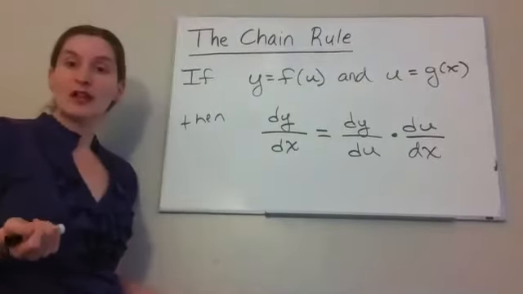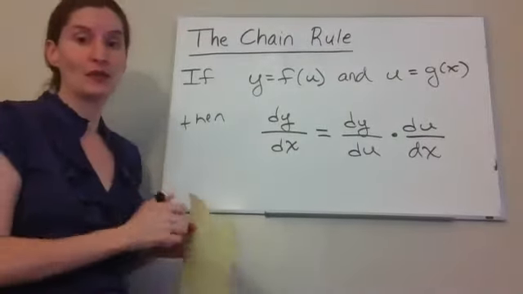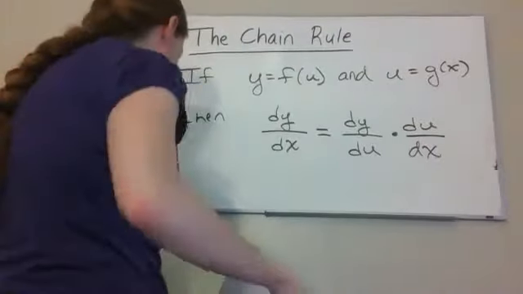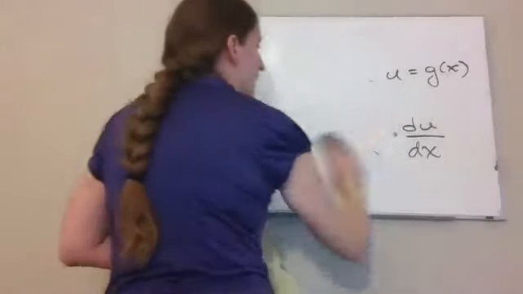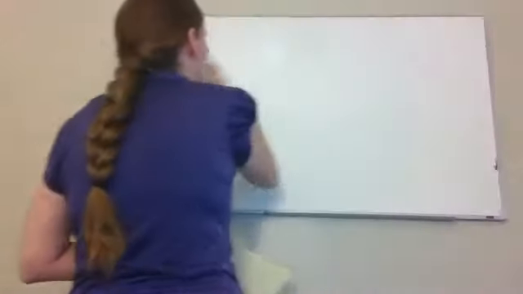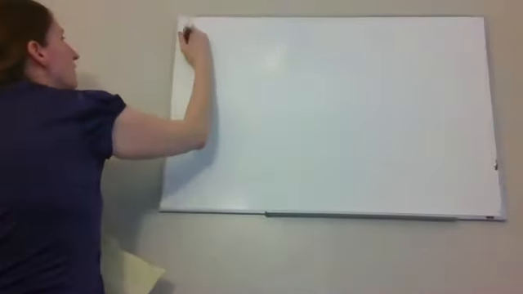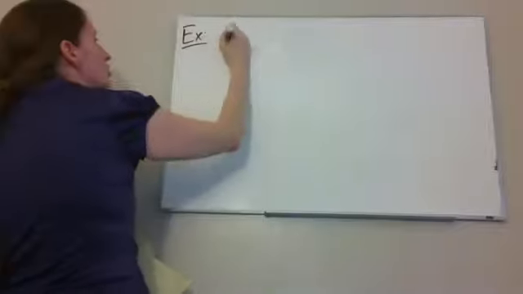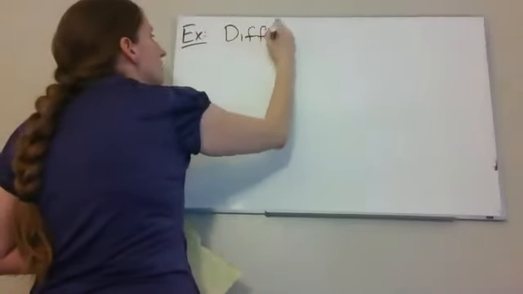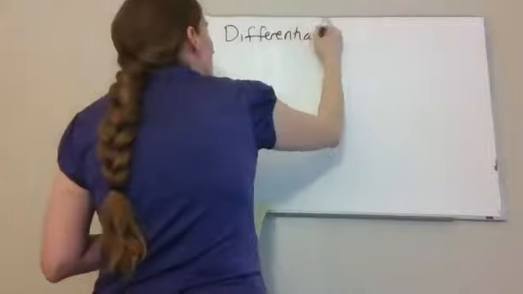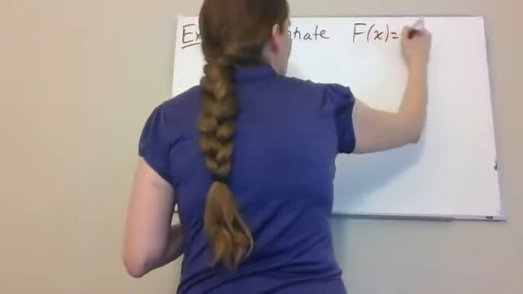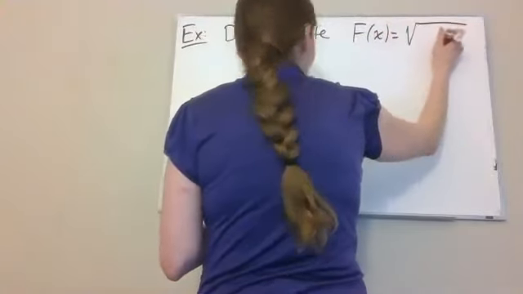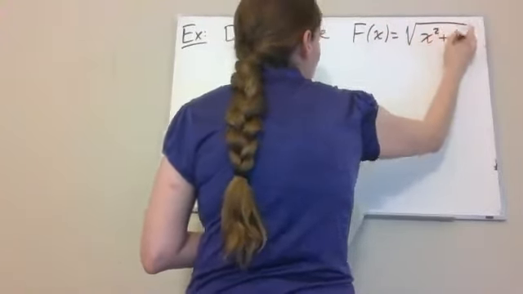So the best way to learn chain rule is just to do a lot of examples. So let's start with a fairly basic example. So we are going to differentiate the function f of x equals square root of x squared plus 1.